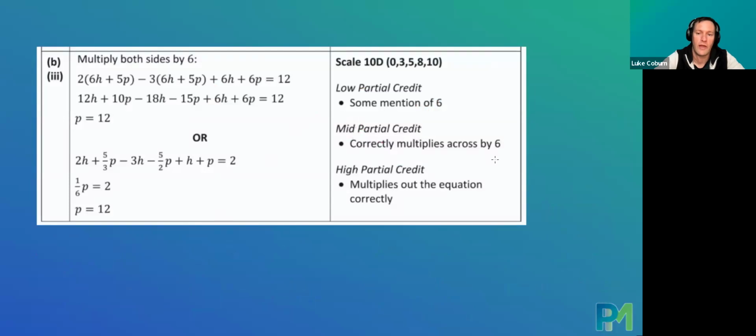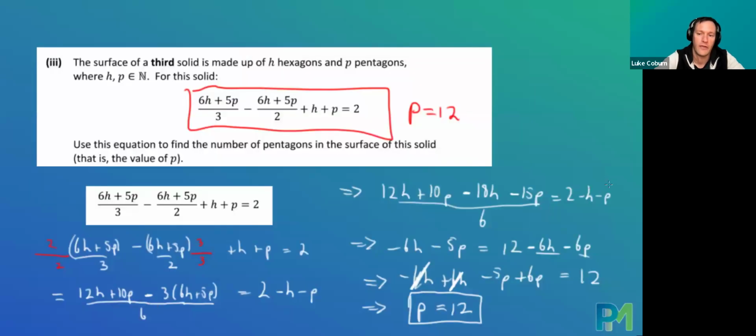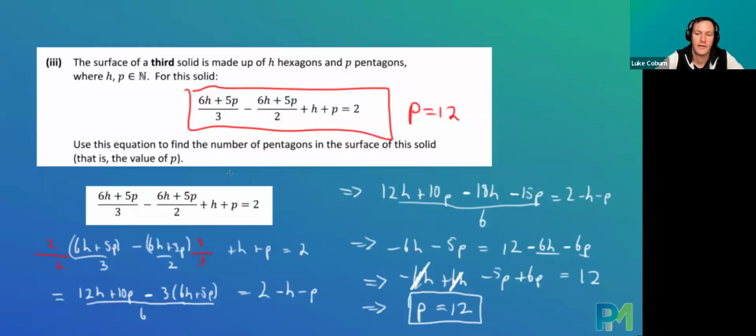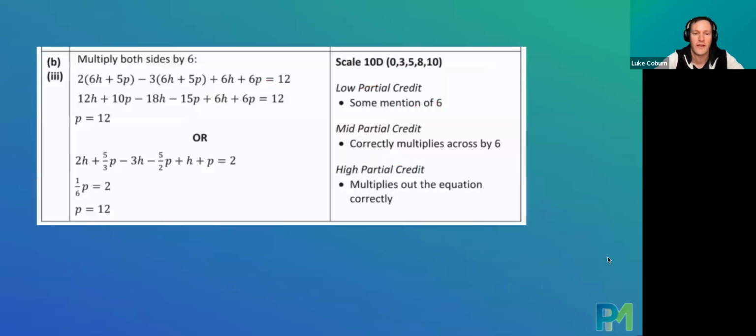Mid partial credit is that step when I multiply across by the 6. That thing multiplied across by the 6 will be enough for the mid partial credit, which would be 5. And then once we get an equation with everything, once we get down to this line here, that's enough for the high partial credit, which is like 8 out of 10. Like it's almost the same thing.